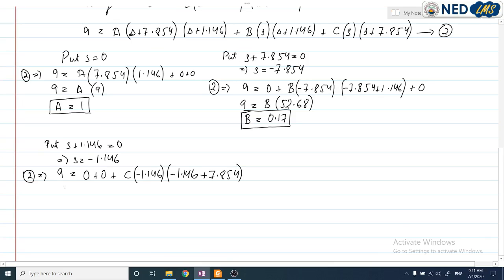So now by multiplying these terms, we get 7.687, and finally the value of C will be minus 1.17.